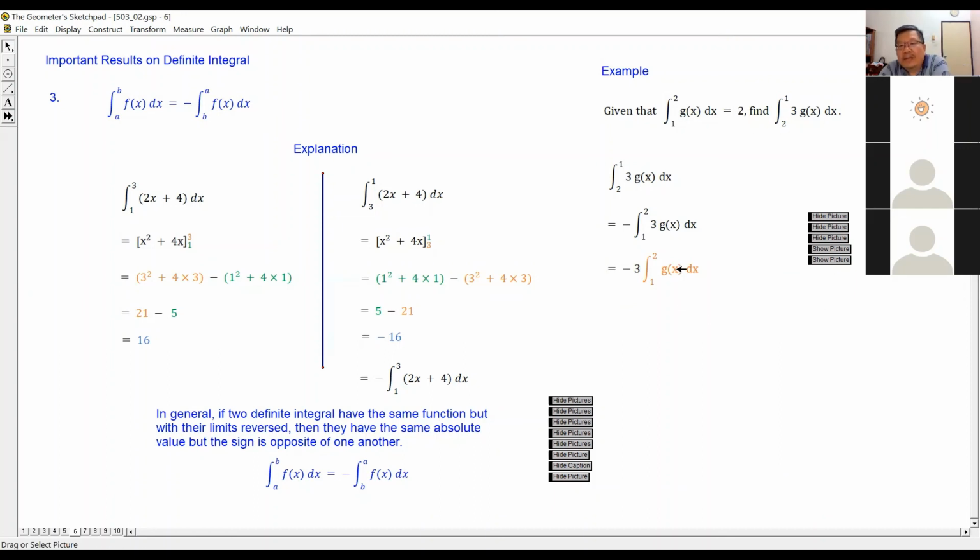So I'm going to replace this orange color definite integral with the number 2, because this whole thing is actually 2. So the answer is negative 3 times 2, which is negative 6. Okay or not?